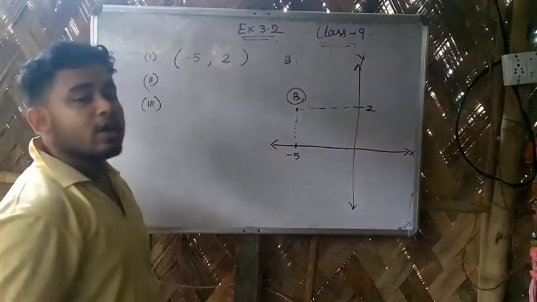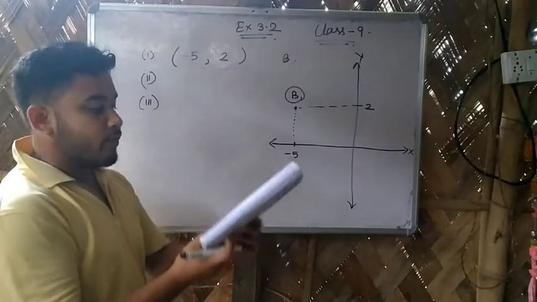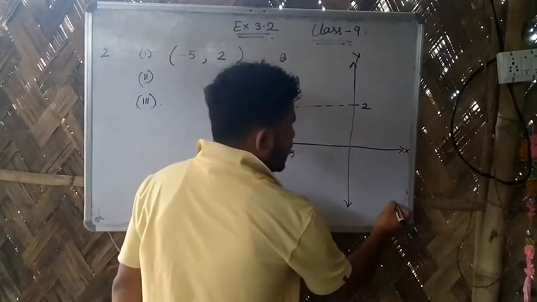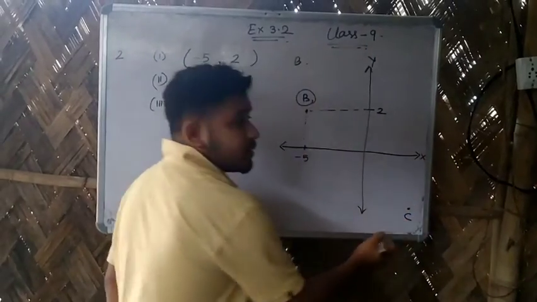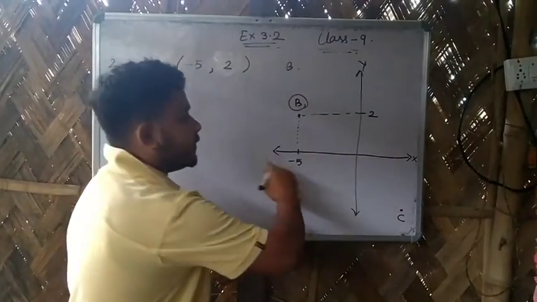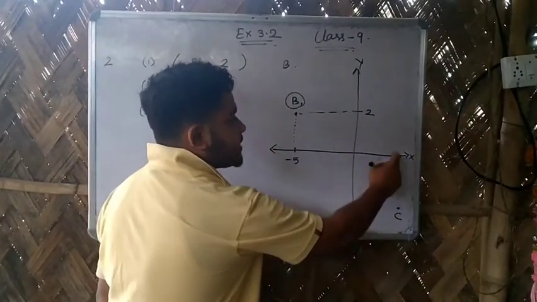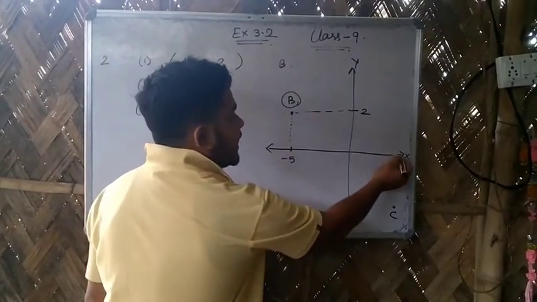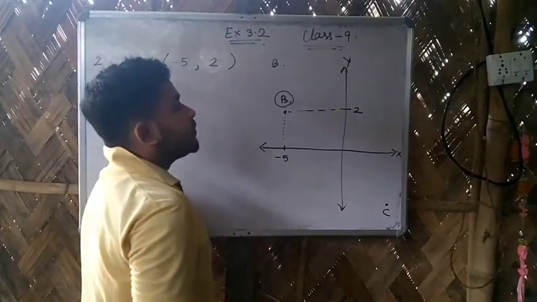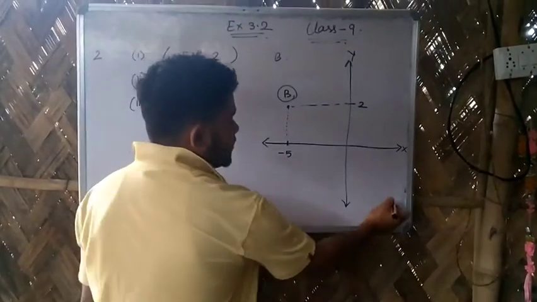Next question: the coordinates of point C. Now you have to see what the coordinates of point C are. If you look at the graph, point C is present somewhere here. Just like the earlier question, we first see over which number in the x-axis point C is present, and then at which point on the y-axis.